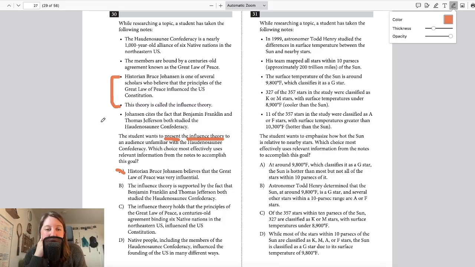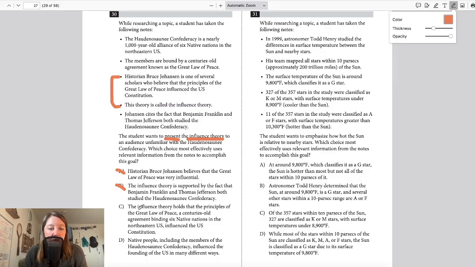B says the influence theory is supported by the fact that Benjamin Franklin and Thomas Jefferson both studied. Okay, so that's really related to the last bullet point, and we don't know what the influence theory is, so that's kind of meaningless to us, right? So C says the influence theory holds that the principles of the Great Law of Peace, a centuries-old agreement binding 6 native nations in the northeastern U.S., influenced the U.S. Constitution. Okay, so that's really good.